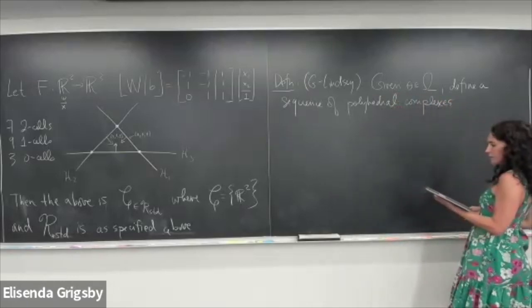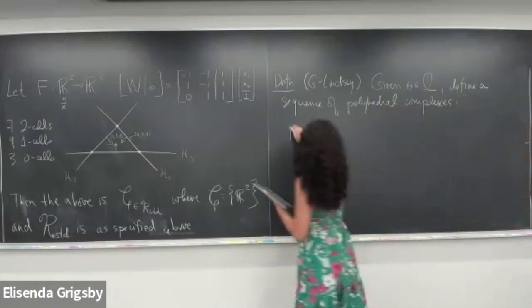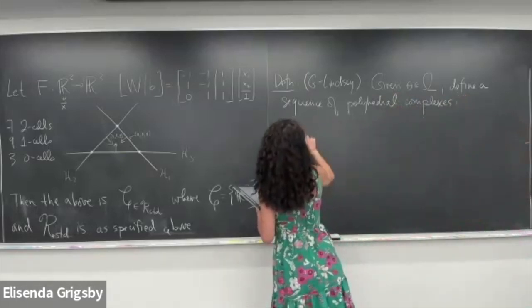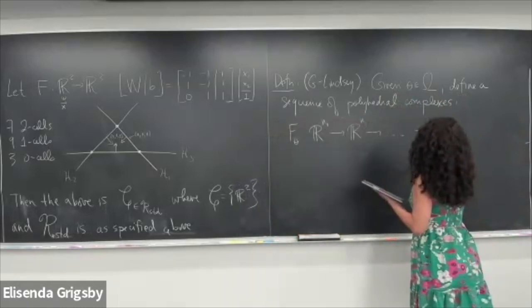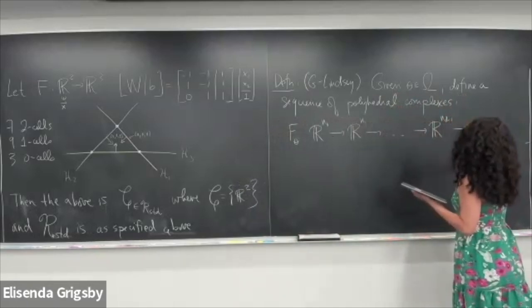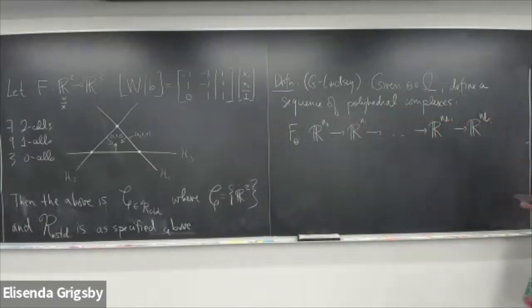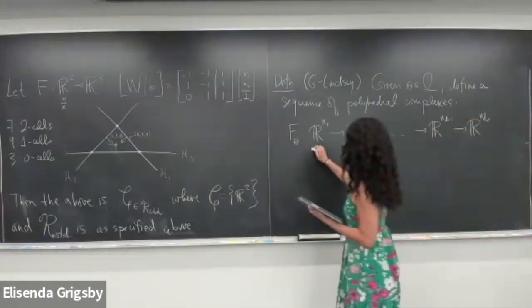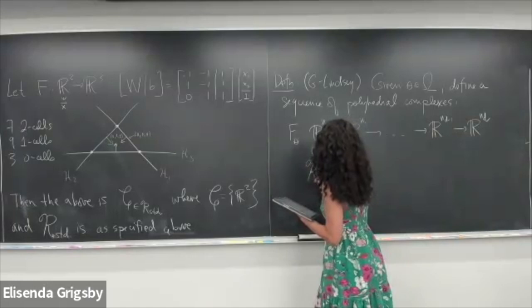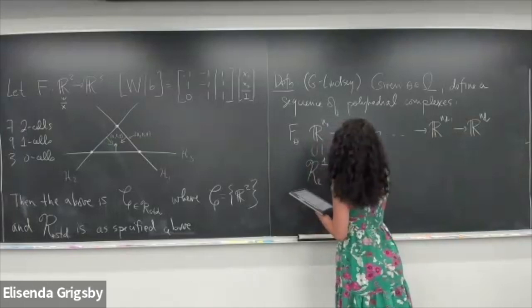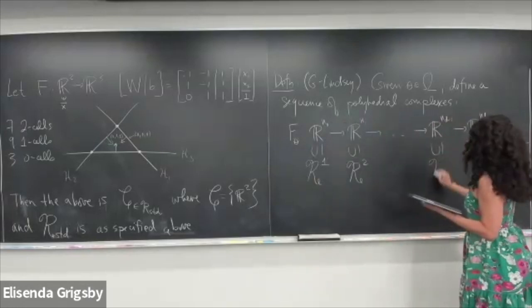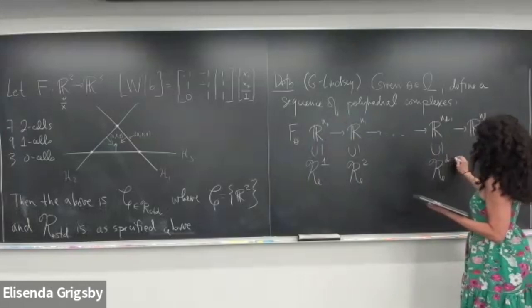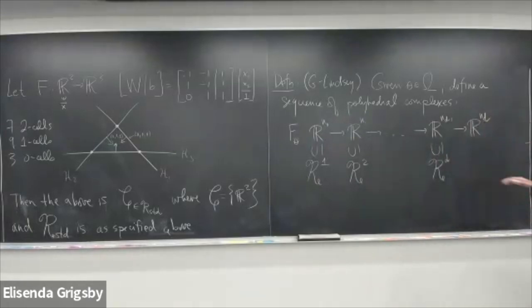So you have this map, and now sitting inside of here, each of these hidden layers is a polyhedral complex.